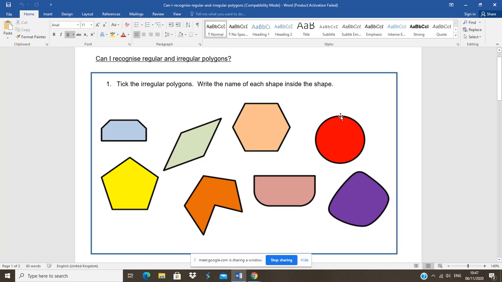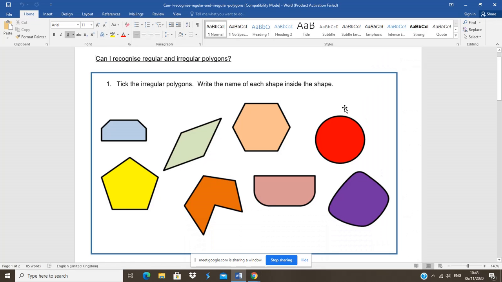Now let us look at this other figure, which is a circle. What do you think of this circle? Is it a regular or an irregular polygon? Irregular, sir.